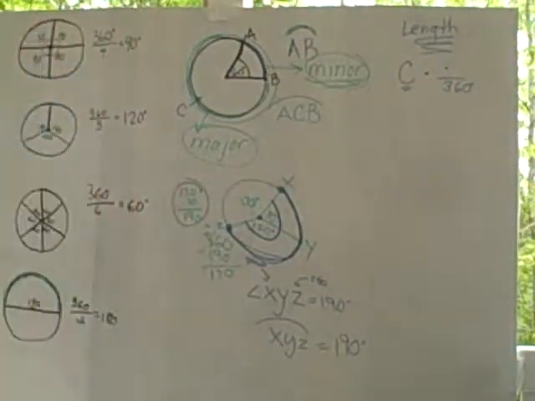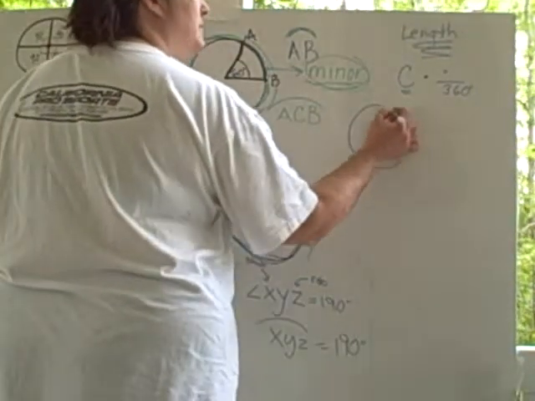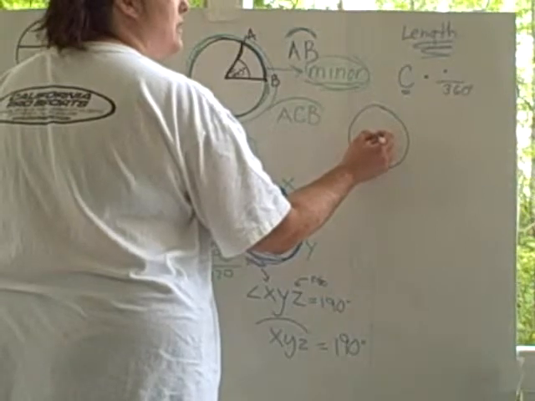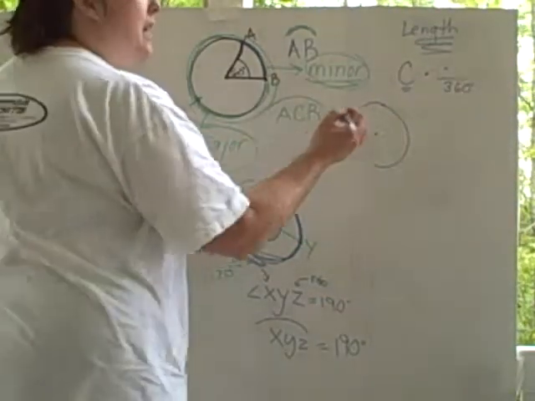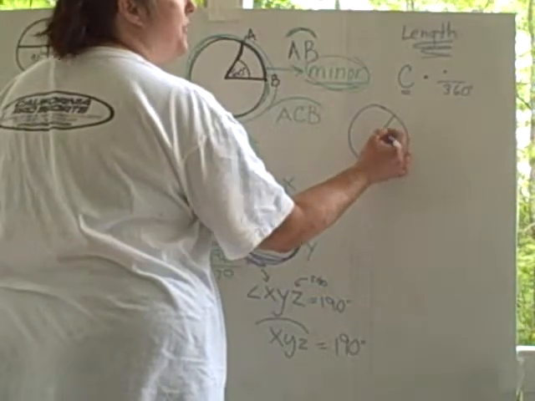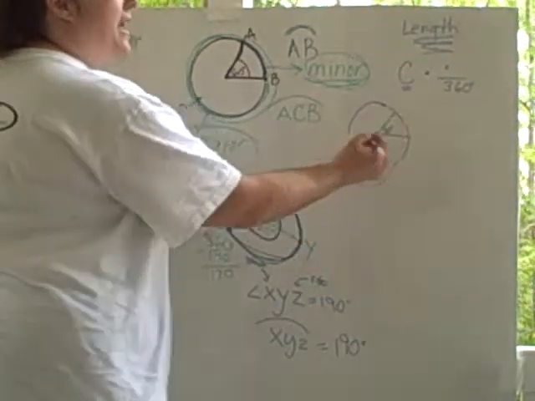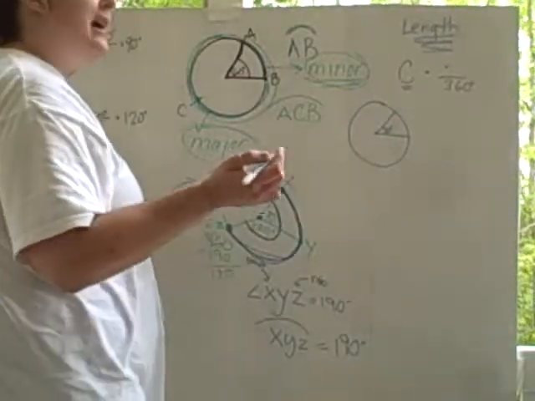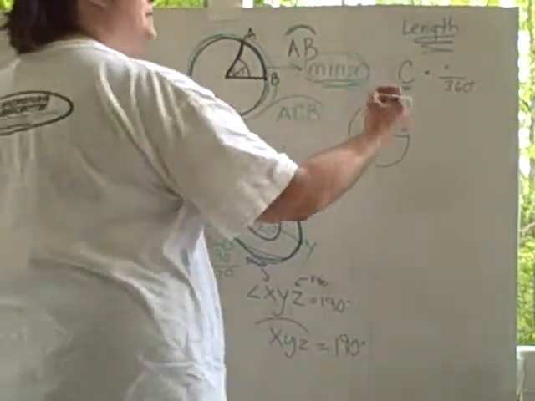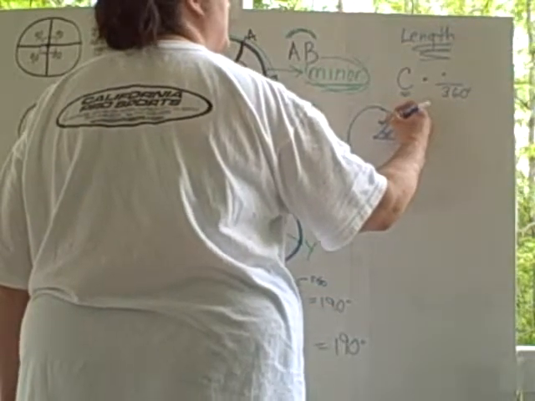Let's look at an example. Here we have a circle with a center, and we'll use a central angle of 30 degrees, and we have a radius of 3 centimeters.